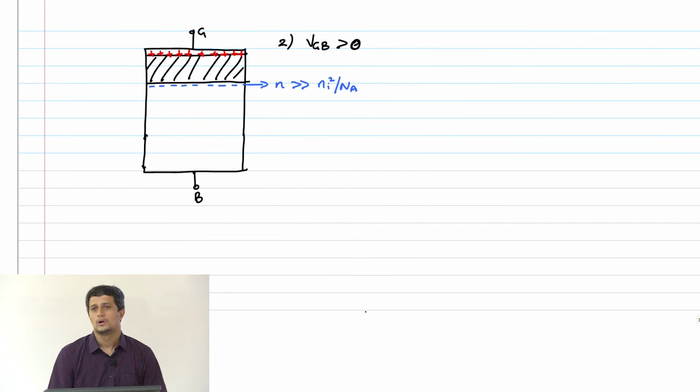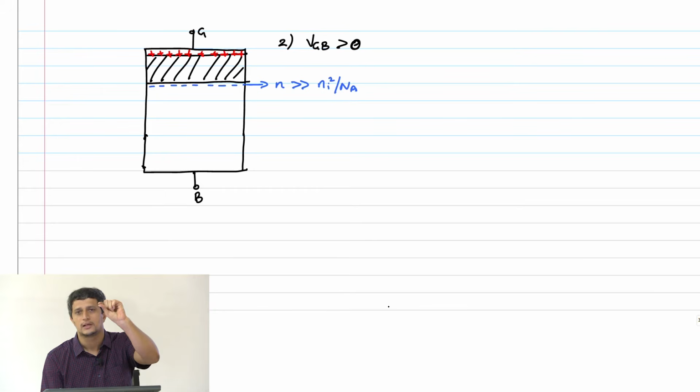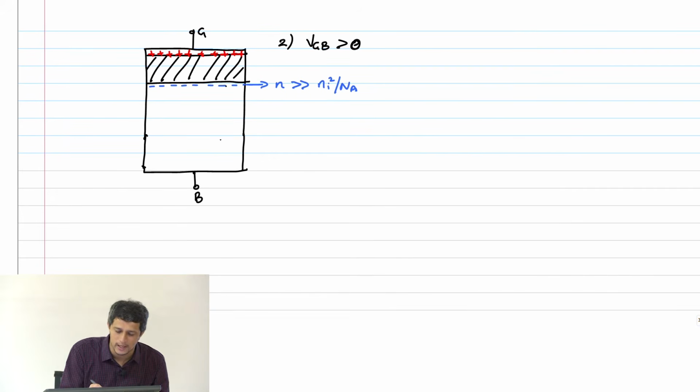Now we know that by the Maxwell-Boltzmann law, the ratio of those concentrations is equal to e power q times some potential by kT, which means that there has to be a potential difference that develops across this point and somewhere in the bulk, right?